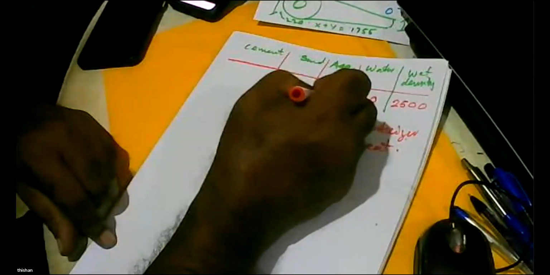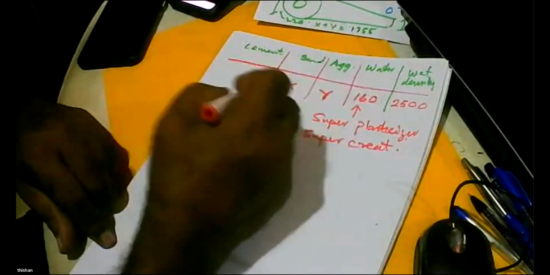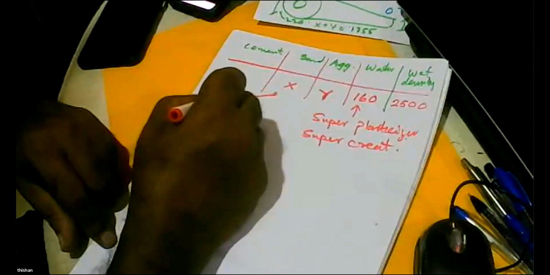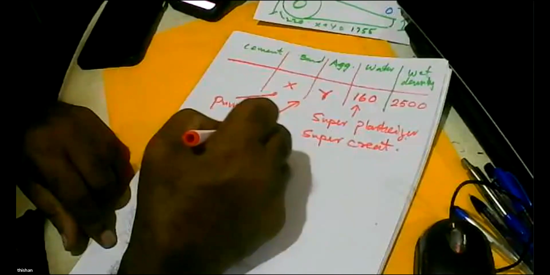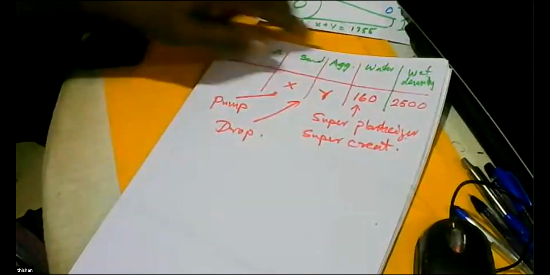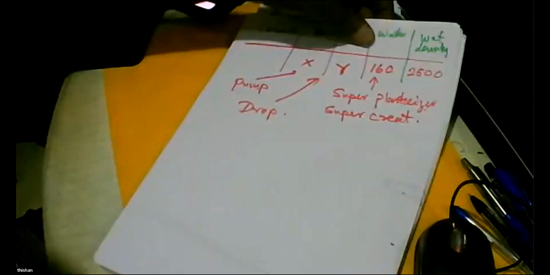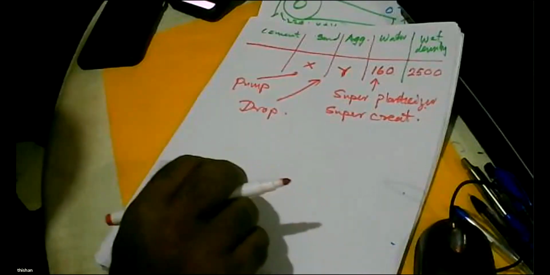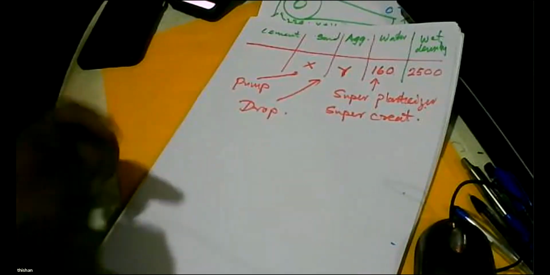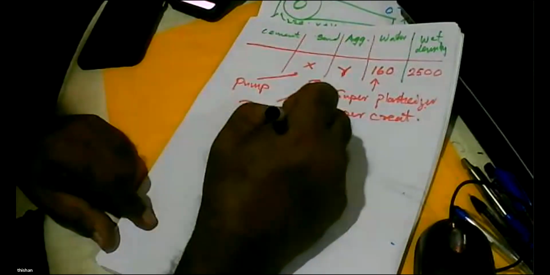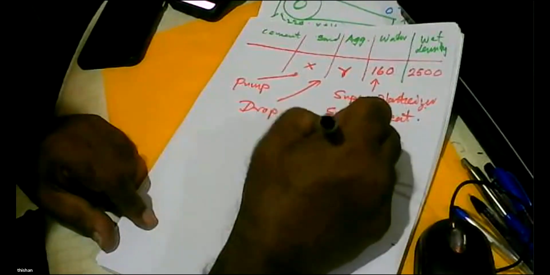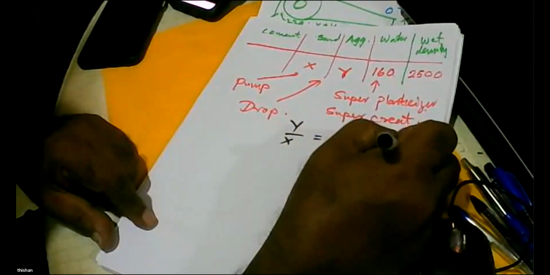X and Y will all depend on whether I'm going to pump or drop. So I can use a bottom opening skip and drop it, like in a large pile cap. If I'm dropping, what happens? I can say y over x is 1.7 to 1.8.